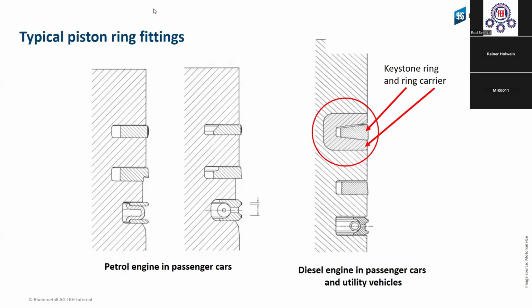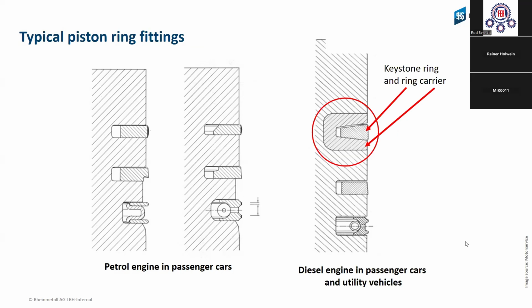And they also have this problem, which we have also in the diesel engine, that carbon can build up in this area. Standard in the newer applications is the ring carrier, and in some cases you can also find a keystone ring, but not so often.